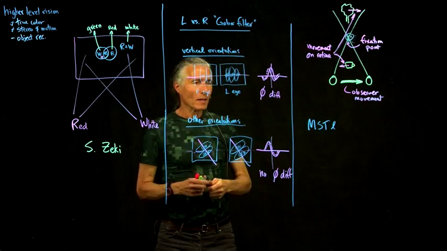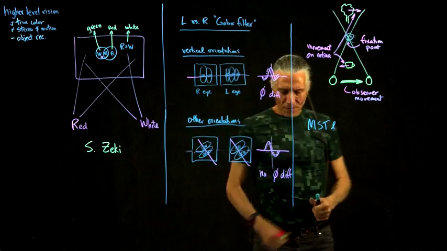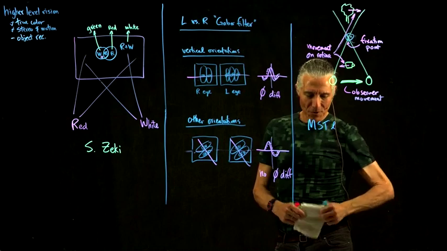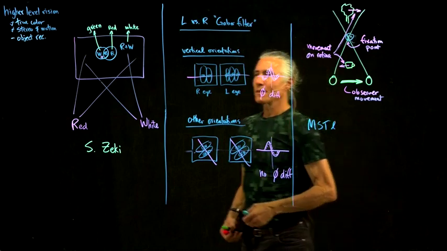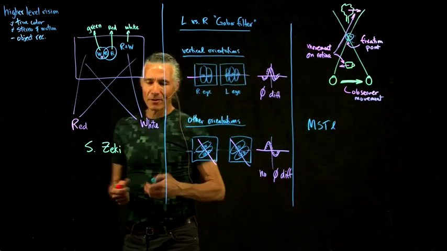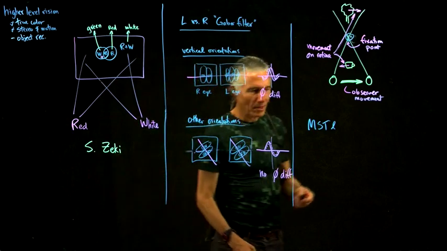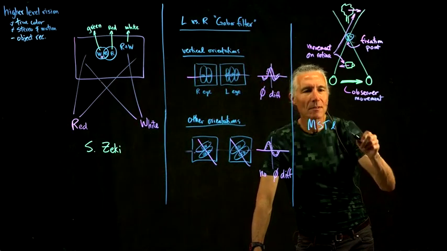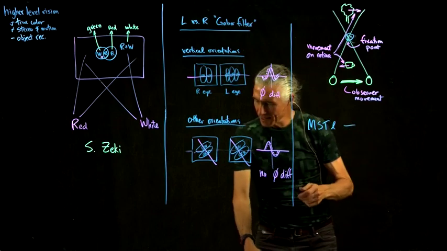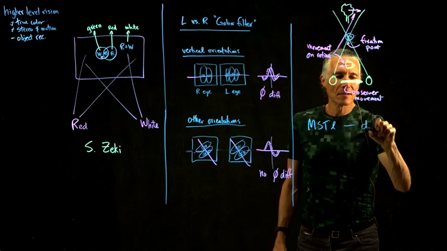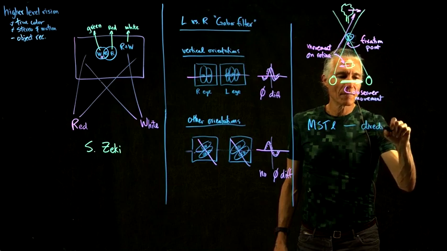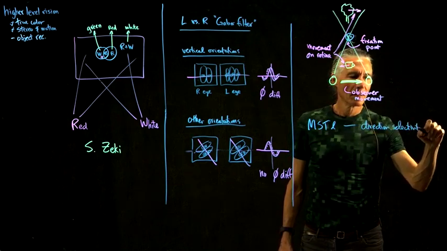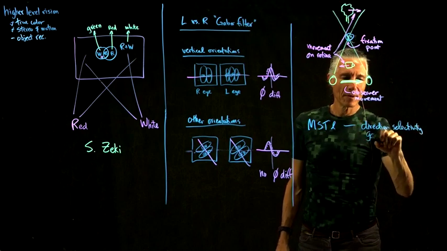If you go into MSTL, what you can find are cells that start to put together the streams of motion and stereo. An example of a cell in MSTL shows direction selectivity gated by disparity.